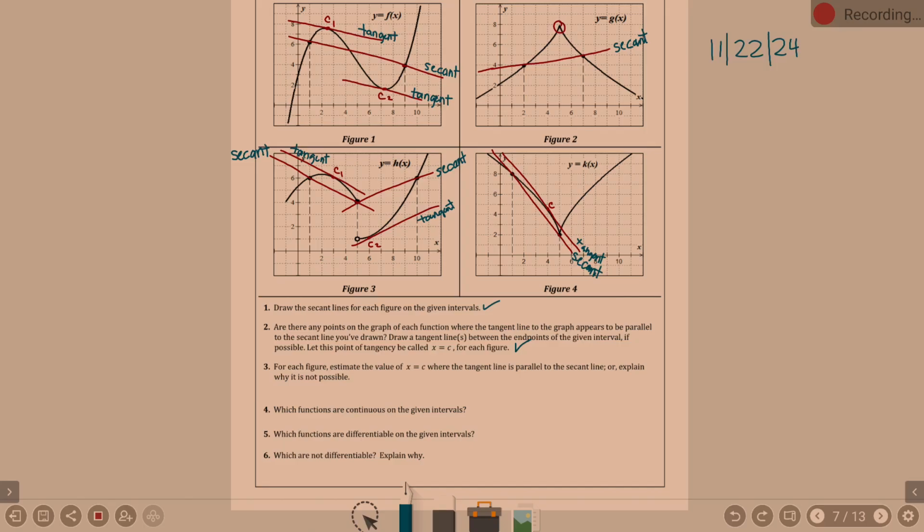So in figure 1, we had C1 and C2. I'm going to put them down here. You can put them up there if you want. But what would you say C1 and C2 are?